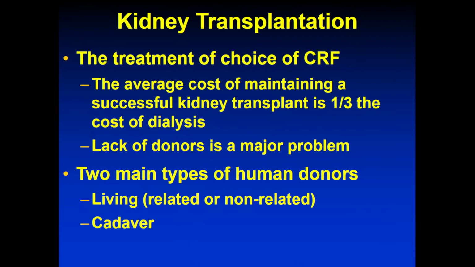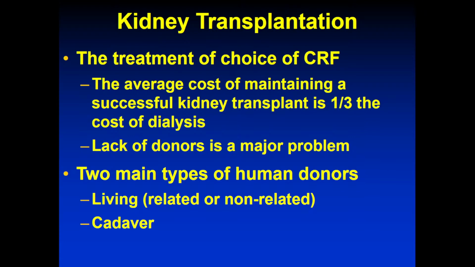The best method to treat chronic renal failure is kidney transplantation. Nowadays, the average cost of maintaining a successful kidney transplant is just 1/3 of the cost of dialysis. The lack of donors is the major problem.